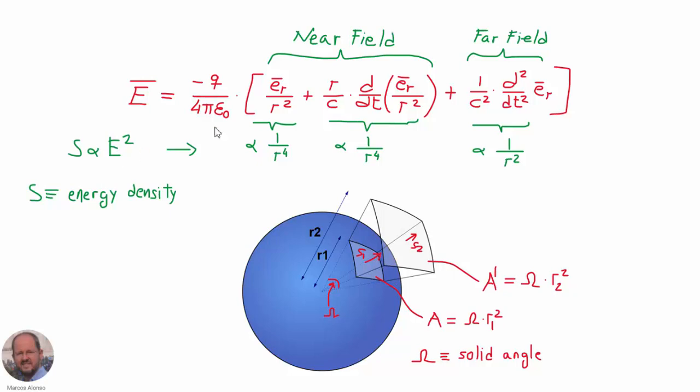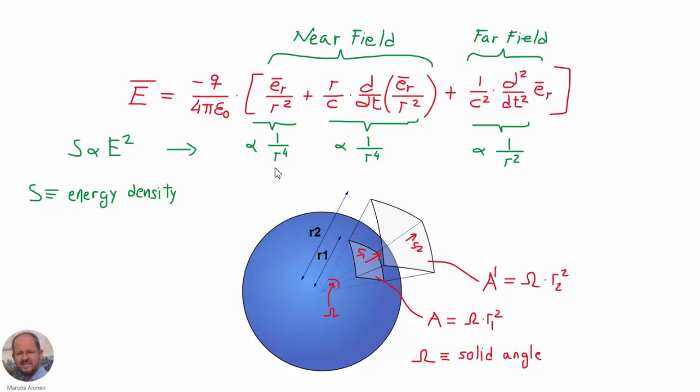And analyzing the different terms of the expression, we can see that the first two terms are going to produce an energy density that is proportional to 1 over the distance raised to the fourth power.